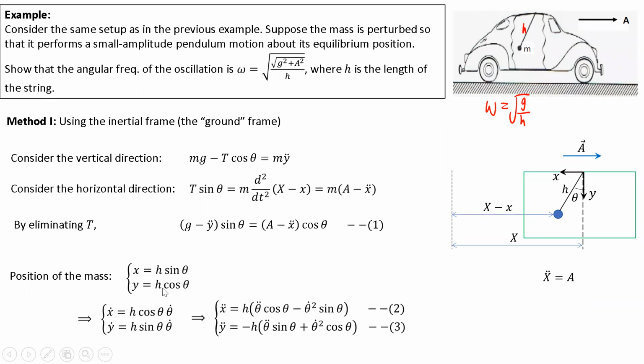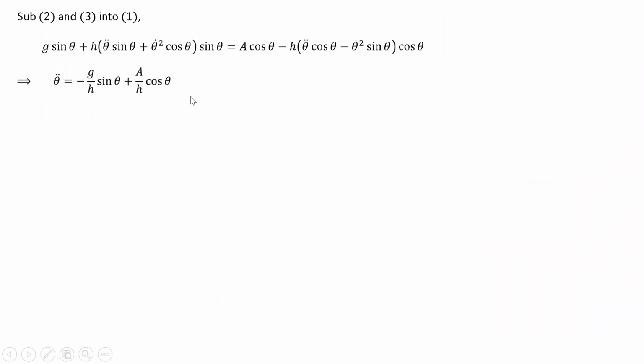From this step to this step to this step, it's just taking the derivative two times. Now I'm going to substitute equations 2 and 3 back into 1. It's long, but luckily you can see that some terms get cancelled, and at the end, theta double dot is given by this.